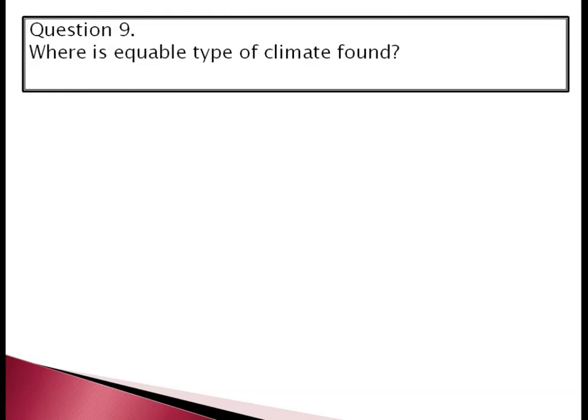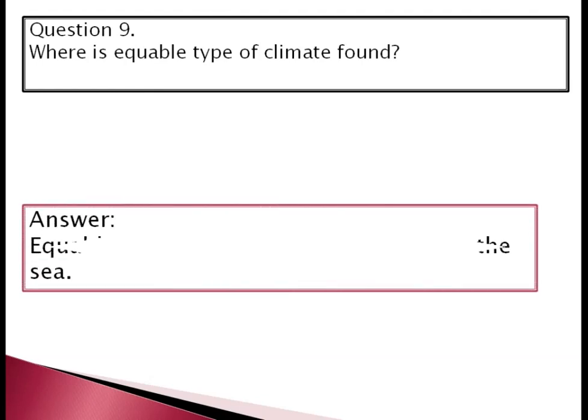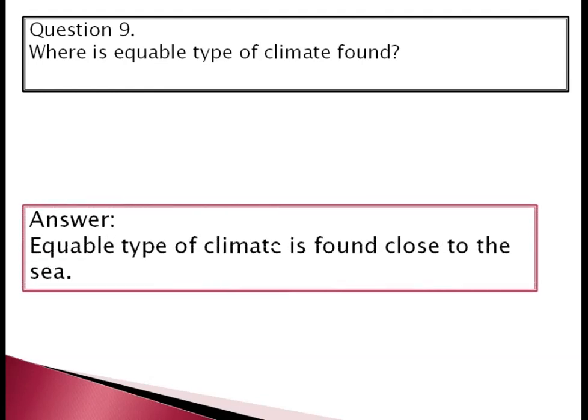Question number 9. Where is equable type of climate found? So the answer is, we find this type of climate close to the sea area.